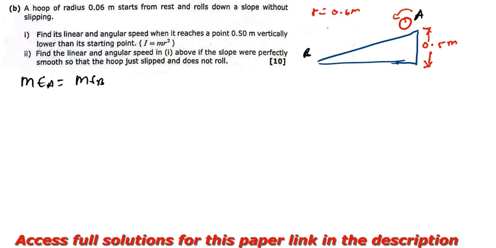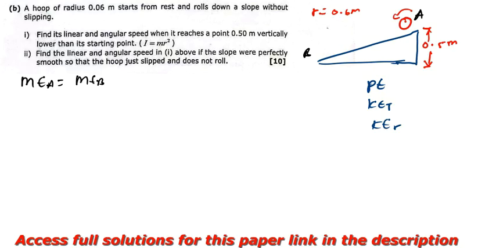In this case, we expect to have 3 energies: the potential energy, the translational kinetic energy, and the rotational kinetic energy, because it is rotating. When something is rotating, we expect to have rotational kinetic energy as well. When I add these 3 energies, I get the mechanical energy.